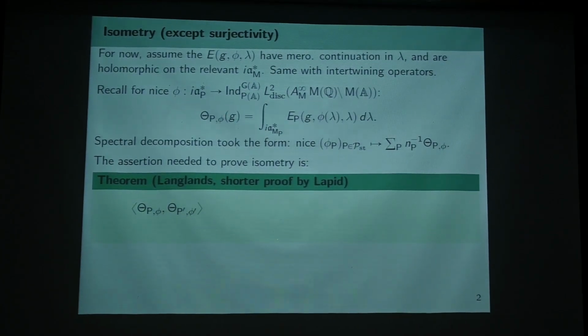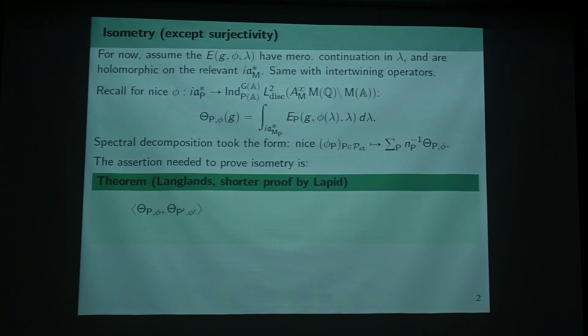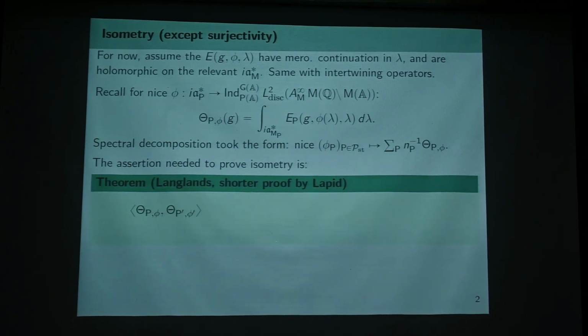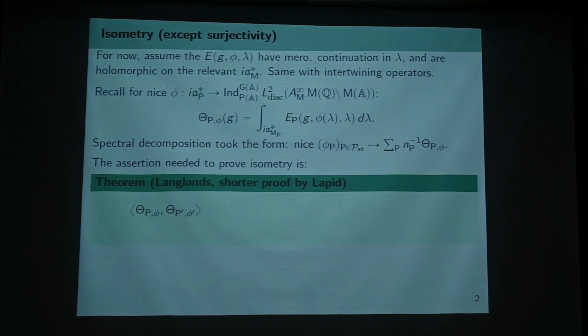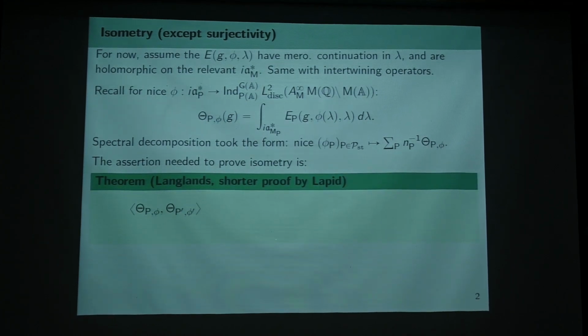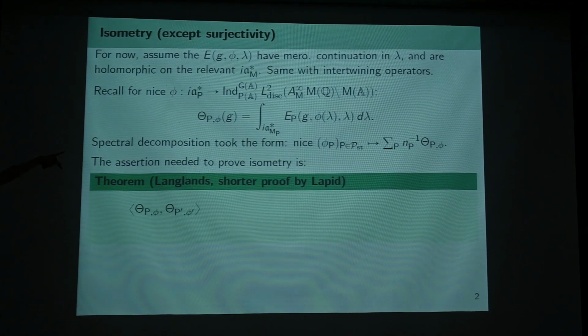If that were true, how would the theorem look? I'm going to write the wrong expression, which I will correct on the slide. The inner product of theta_P phi and theta_P' phi' would be as follows. You want that to be an isometry, right?